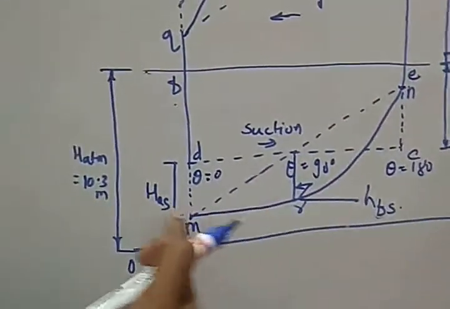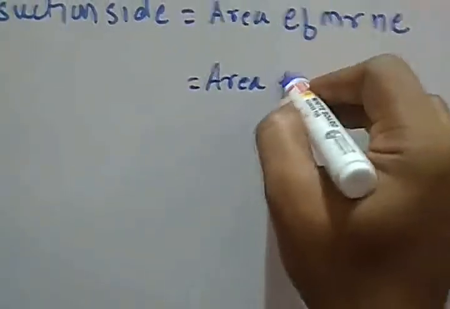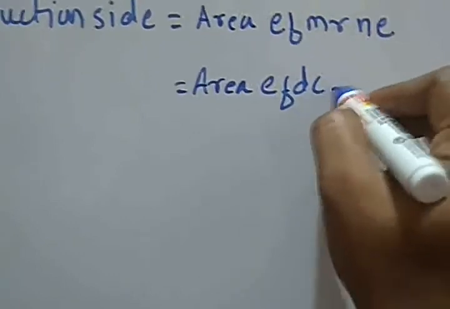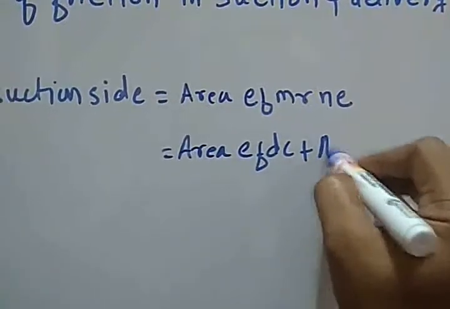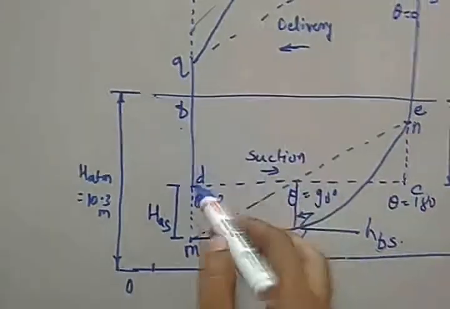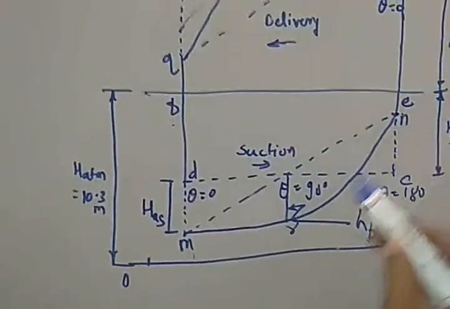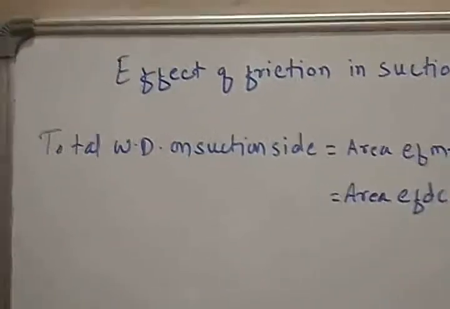So this becomes area EFDC plus area MRN, where EFDC is the rectangle and MRN is the parabola. This is the total work done on the suction side.